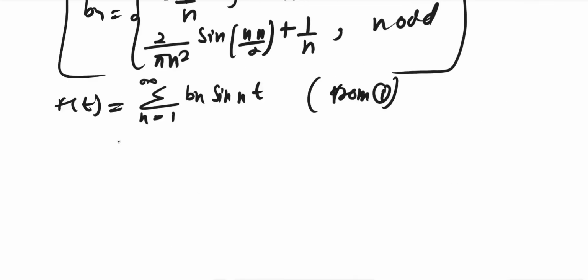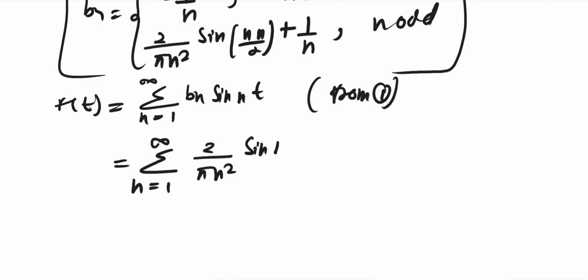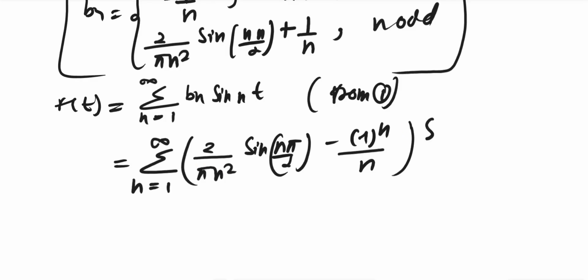Now, it can be written as summation n is equal to 1 to infinity, bn was 2 upon pi n square sine n pi by 2 minus minus 1 raised to the power n divided by n, whole multiplied by sine nt. But if we want to write it in even and odd form, this one is also right.